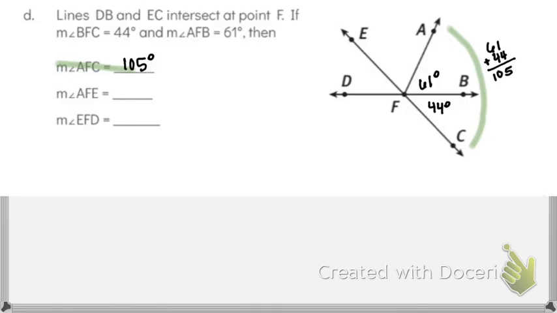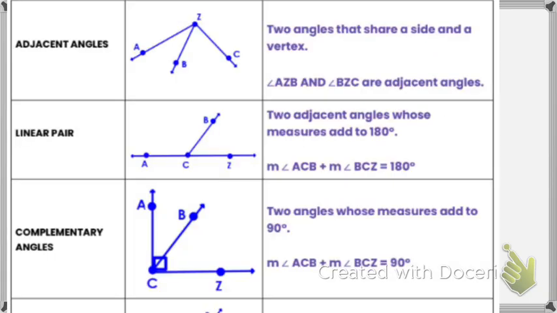Okay. Next one, AFE. Now, let's remember all of the other angle pairs that we've talked about thus far. We have adjacent angles, which are angles that share a side and a vertex. AZB and BCZ are adjacent angles.